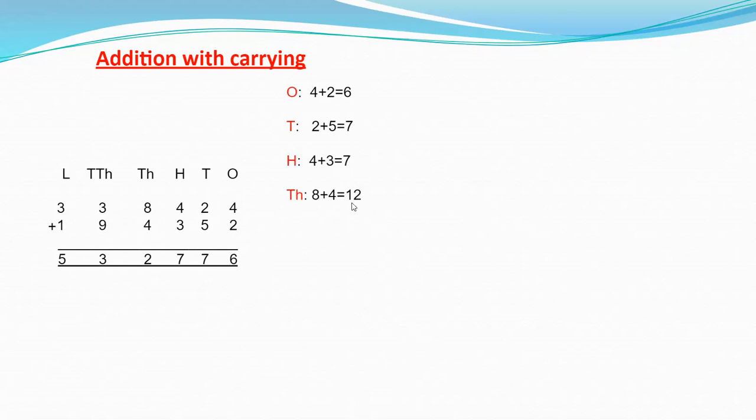Now this is double digit. Double digit we will not write as the same. We will convert it into next digit for carryovers. Now I'll show you. 12,000 equal 10,000 plus 2,000.